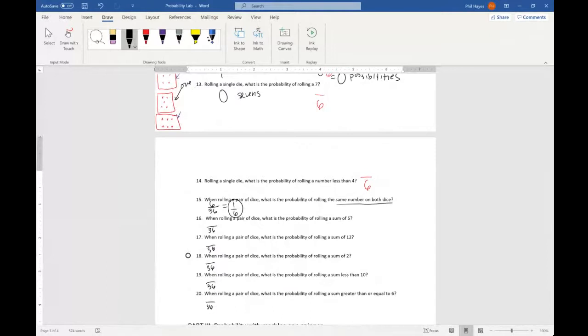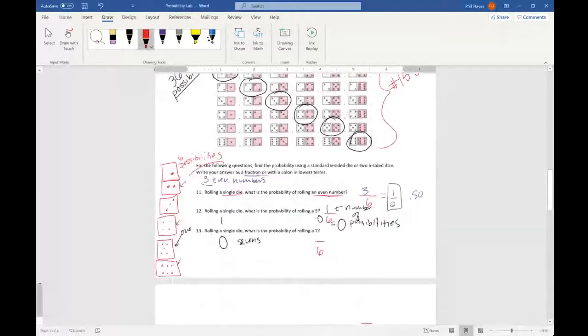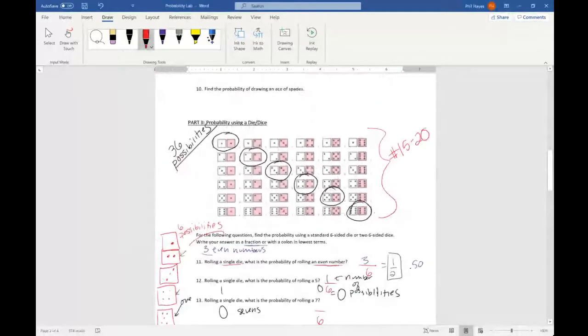Okay. For number 16, what is the probability of rolling a sum of 5? So that means that our 2 dice, when they're added together, need to equal 5. Okay, so let's look in the options up here. Let's see, 1 and 4, or 4 and 1, excuse me. They equal 5, so there's one possibility. 3 and 2, 2 and 3, 1 and 4.